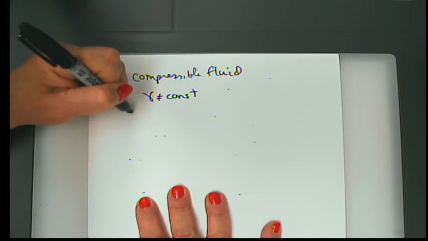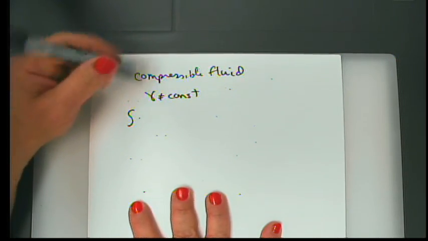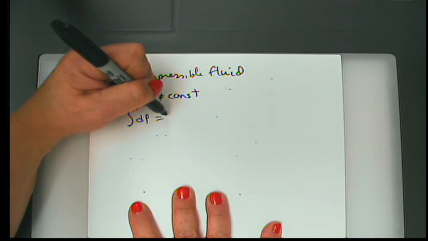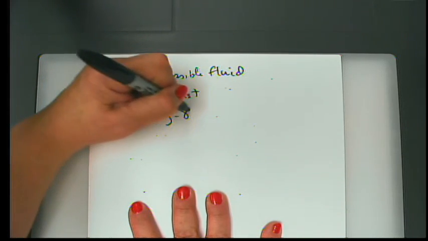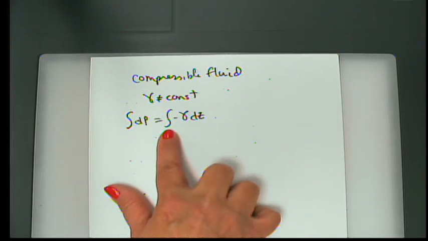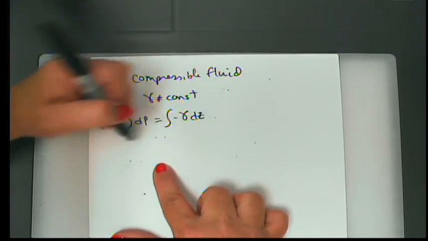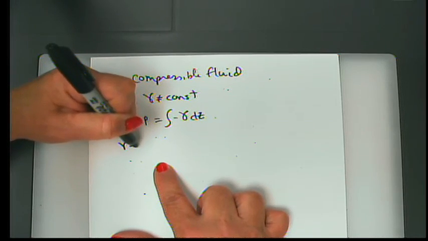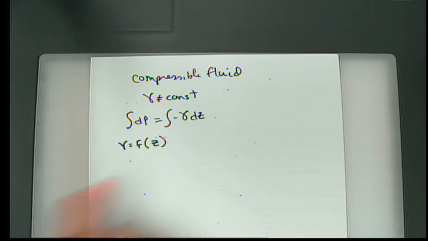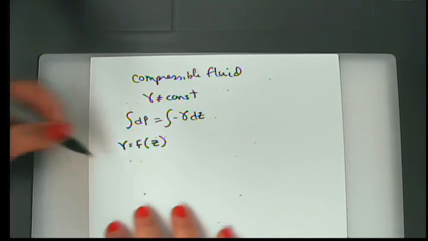And therefore, when you go back to the original integral, you cannot pull gamma out of the integral sign. So what that means is that we need to have gamma as a function of Z. Now there are a lot of different ways that can be written, but you just have to have that function, whatever it is.